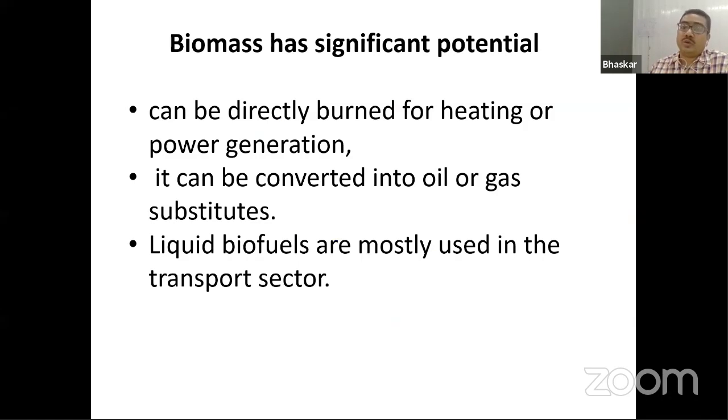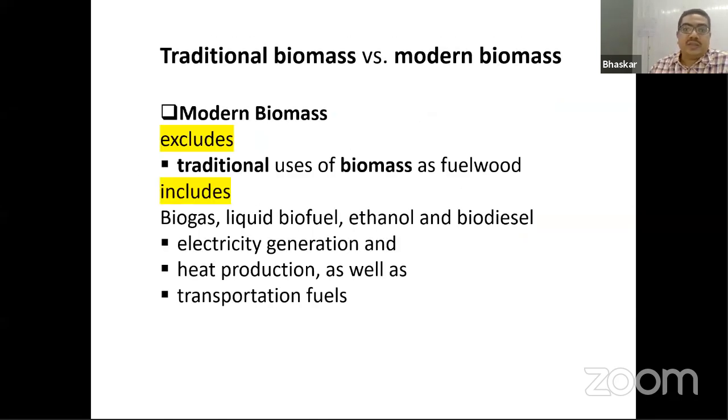It can be converted into oil or gas also. And liquid biofuels are the most common ones which can be used in the transport sector. So it can be a supplement also. It can be used in blend form also, in compression ignition engines, or even in spark ignition engines.